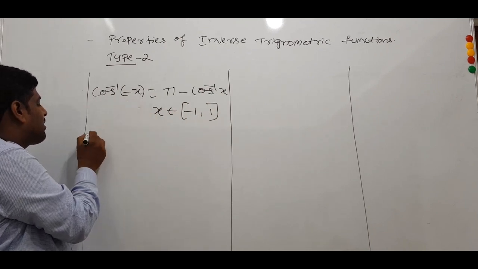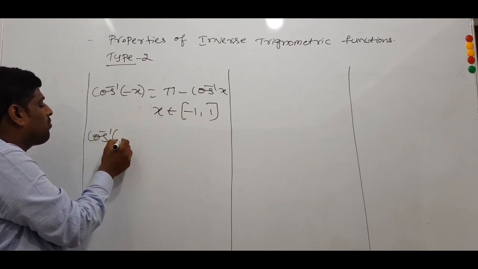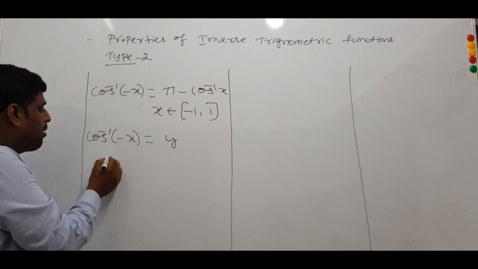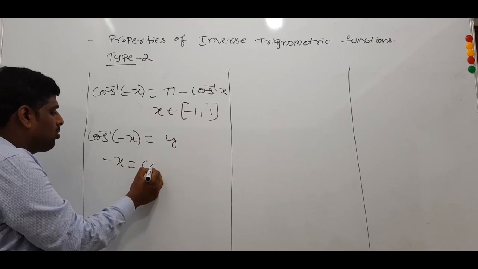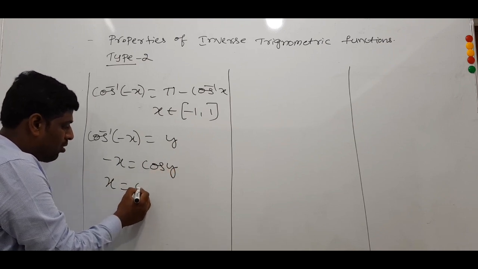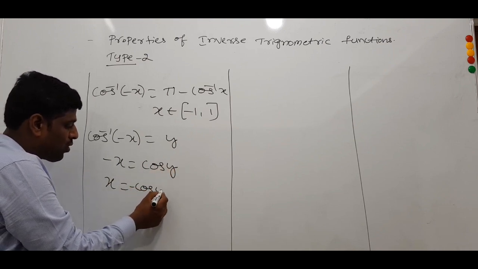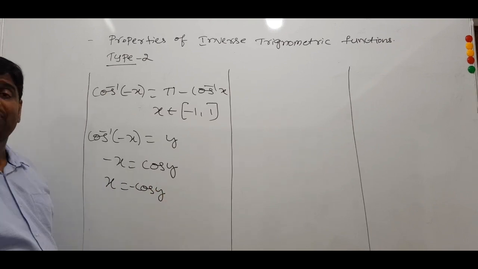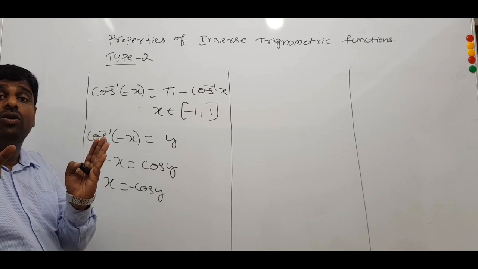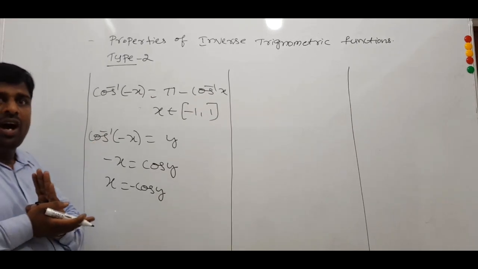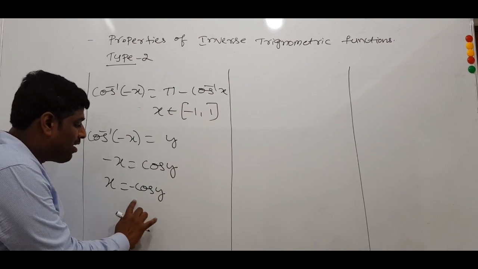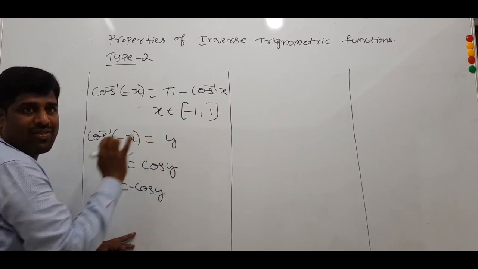Now let us take cos inverse of minus x is equal to some y. Minus x is equal to cos y. Now x is equal to minus cos y. Here cos of minus y is equal to cos y, and the domain of the function is not satisfied.